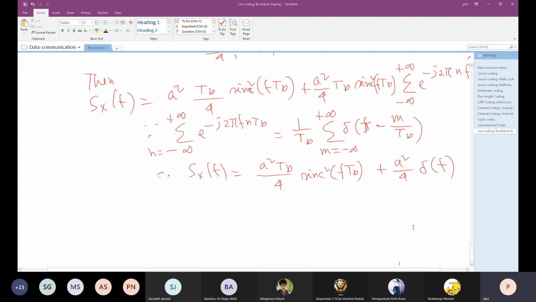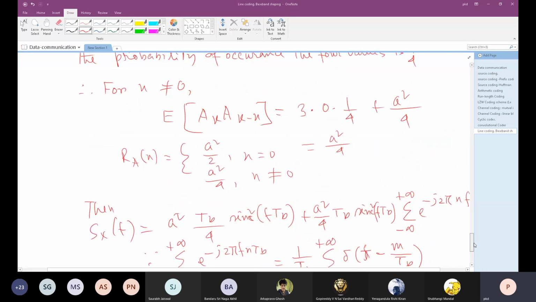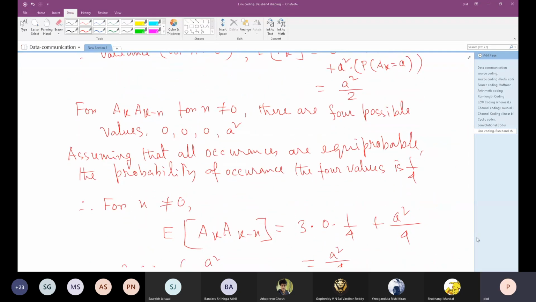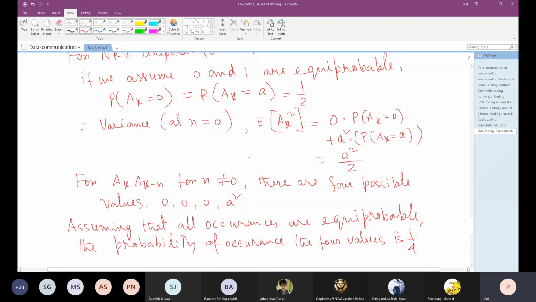So now we have discussed the spectrum of non-return zero unipolar format. There are two aspects of the spectrum. One is the spectrum arising from the occurrence or the statistics of the symbols 0 and 1.